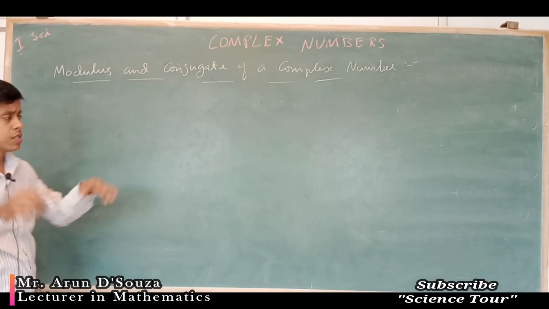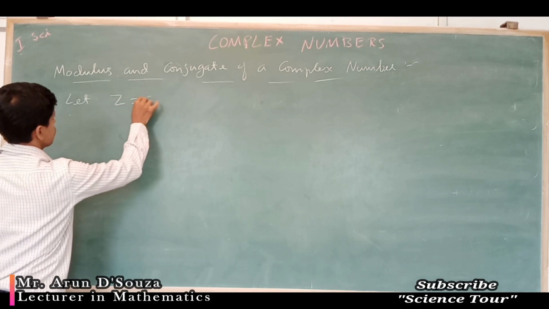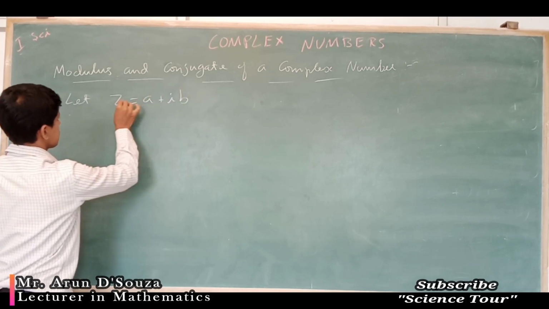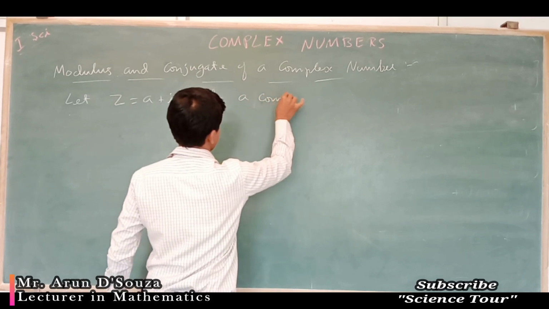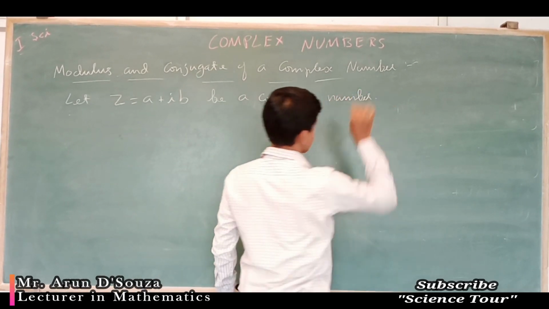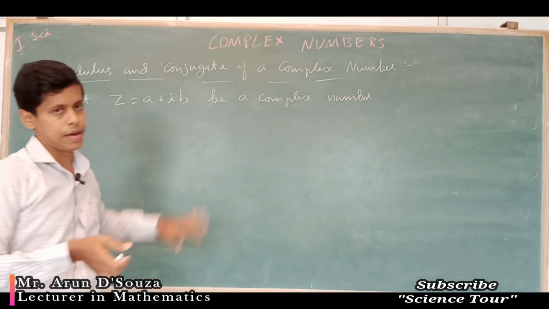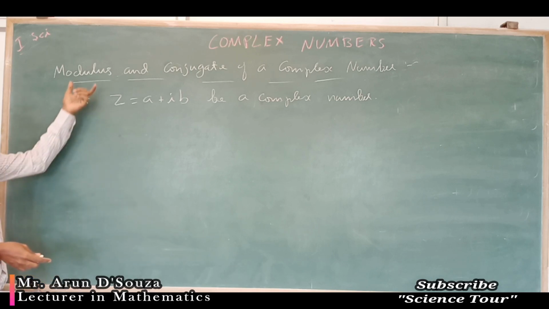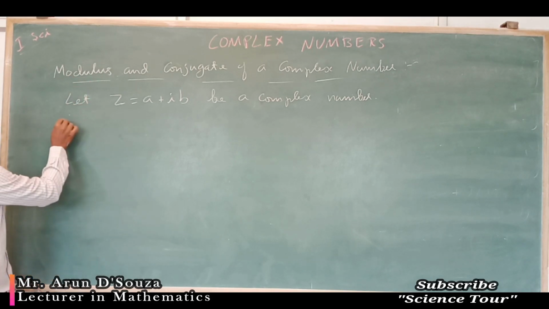Well, first let z is equal to a plus ib be a complex number. So what are we doing? We are considering one complex number. Now what do we mean by modulus? Let us understand that.